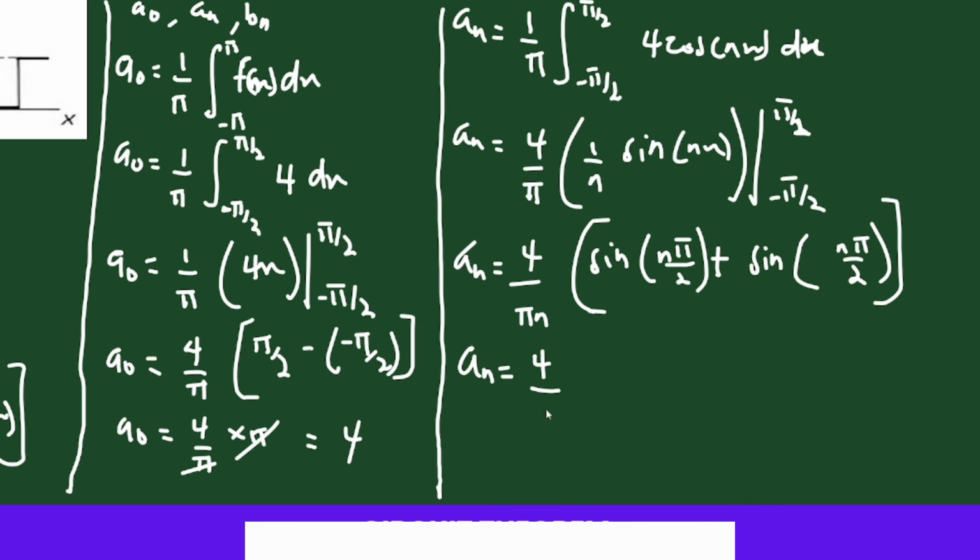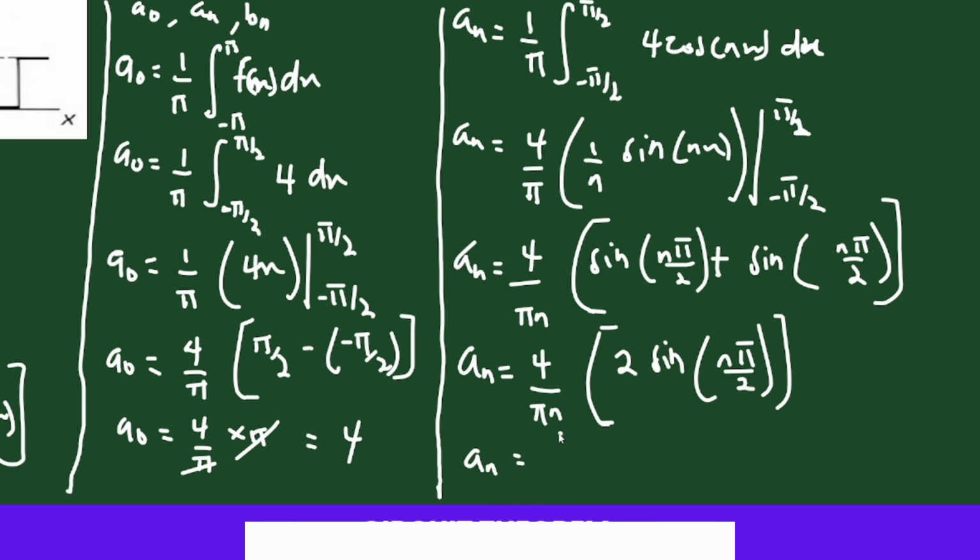So we maintain it as such, multiplying 2 sine of n pi. We don't evaluate, we just leave it like that because of its nature. So an is equal to 8 over pi n multiplying what? Sine of what? N pi over 2. And that is our an.